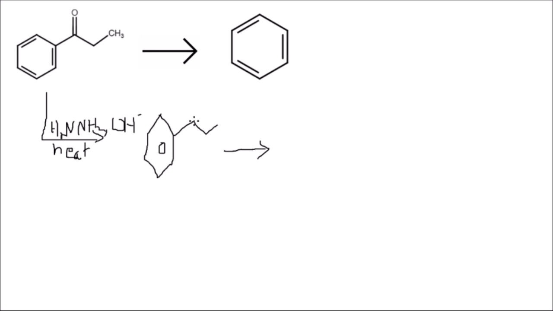The next step would be oxidizing a benzylic hydrogen. So remember, if you have a benzylic hydrogen, like this is a benzylic carbon here, and it has two hydrogens, if you do an oxidation reaction, you just remove everything else and convert this carbon into COOH.